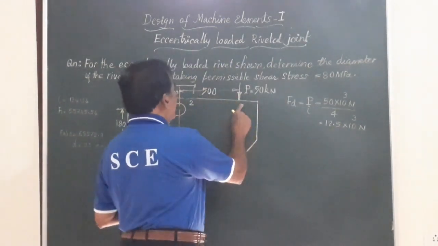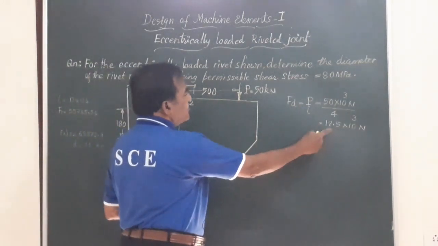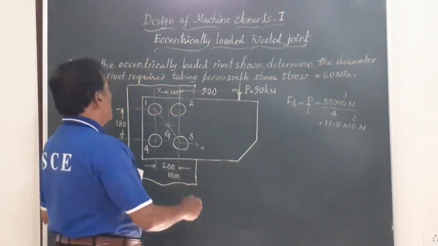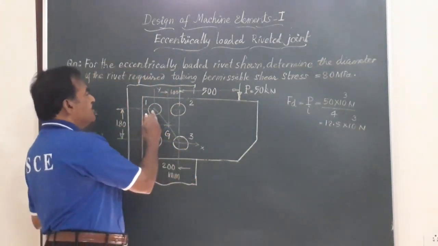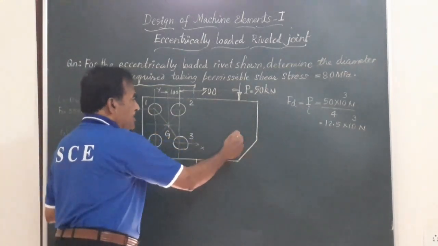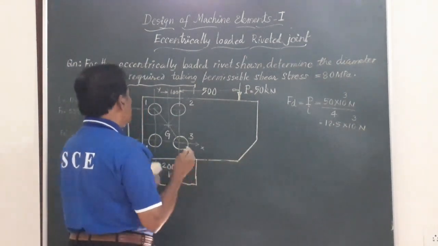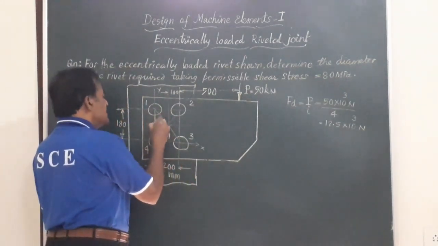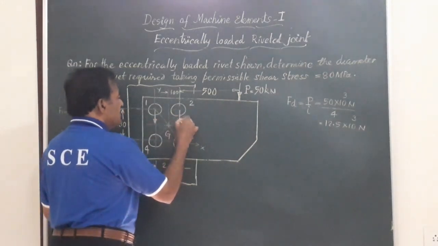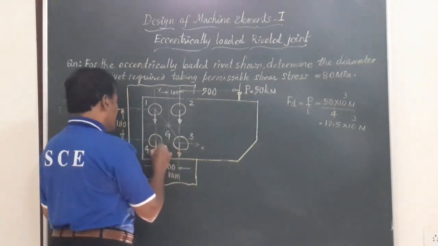And the load is acting in the downward direction, and this FD equal to 12.5 into 10 to the power of 3 Newton acts at the center of each rivet, rivets 1, 2, 3 and 4, in the direction of P, that is in the downward direction and parallel to P. Hence, I am going to show this FD downward at rivet number 1 and rivet number 2, rivet 3 and rivet number 4.